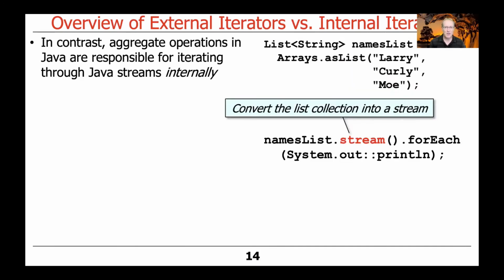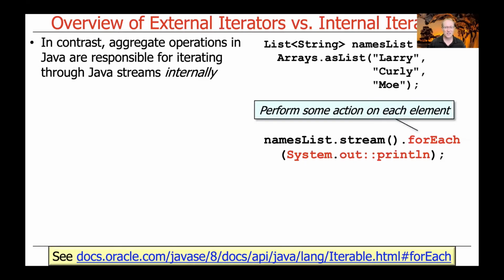Here's a very simple example using the same style that we looked at before, where we've got an array of strings, which we turn into a list. You can see what we do here is we convert the names list into a stream by using the stream factory method. And then for each element in the stream, we perform some action on each of the elements.